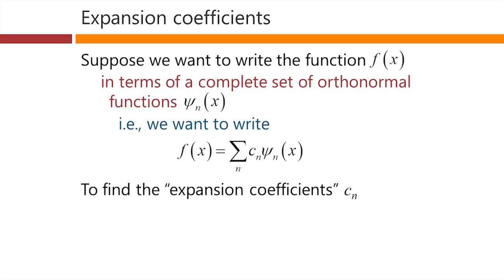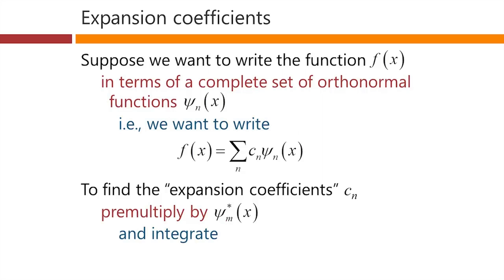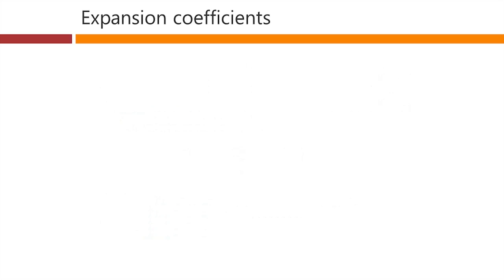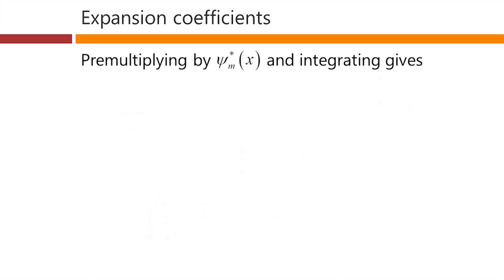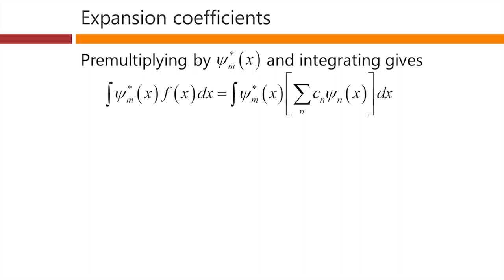To find these expansion coefficients, Cn, it's actually quite simple. We pre-multiply both sides by psi m star of x, and we integrate. Let's see that at work. We pre-multiply by psi m star of x and integrate, and that gives us, on the left, this integral here.